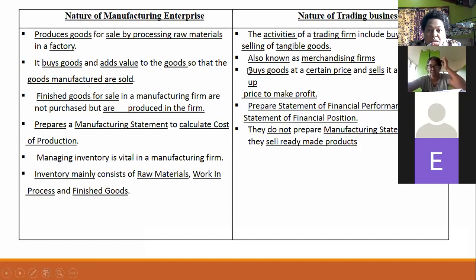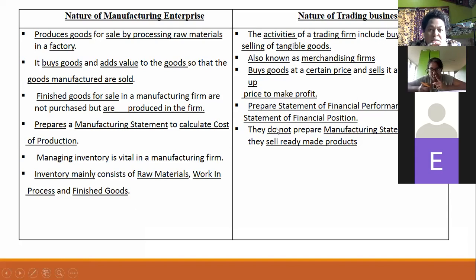In addition to that, trading businesses buy goods at a certain price, that is cost price, and sell them at a marked up price to make profit. They buy at cost price, they add on some markup, which is profit, and they sell at selling price.